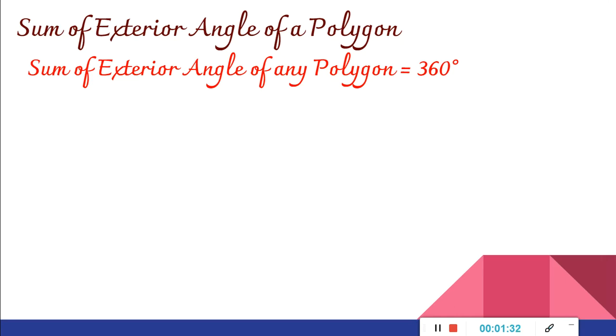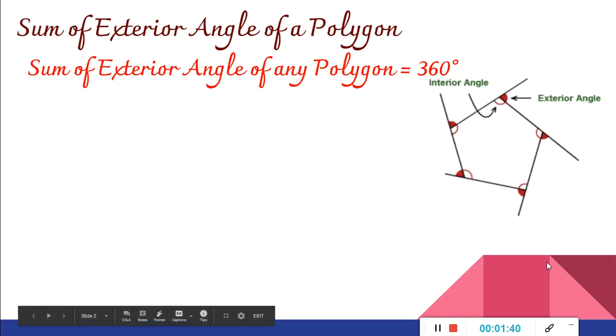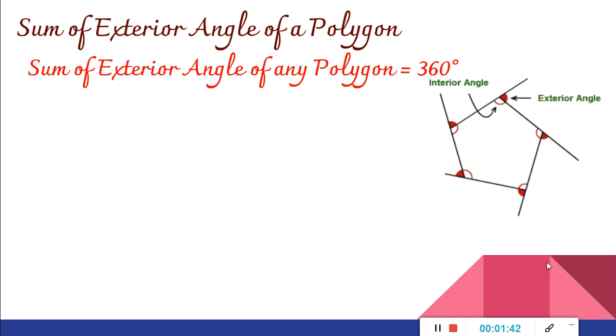So let us take an example. Here the polygon has 5 sides, so the value of n here is 5, right? Now let us look at the interior and exterior angles.